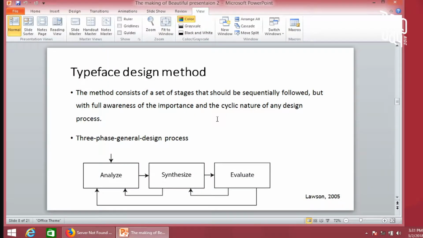We don't usually go further after designing the typeface. The stages of this method should be followed sequentially, but with full awareness of the importance and the cyclic nature of the design process, which is analyze, synthesize, evaluate.